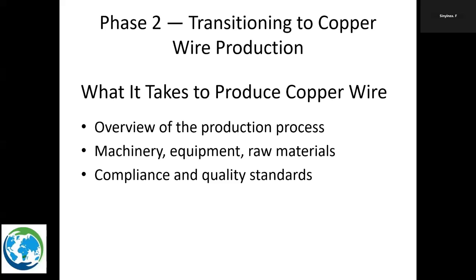I'm talking about 2 issues here, because starting with the cathode means that you have to invest in a casting plant. But if you want to bypass the casting plant, then you just have to go straight into production of wire by purchasing already produced copper rod. And then from there, you break down the copper rod in various sizes.